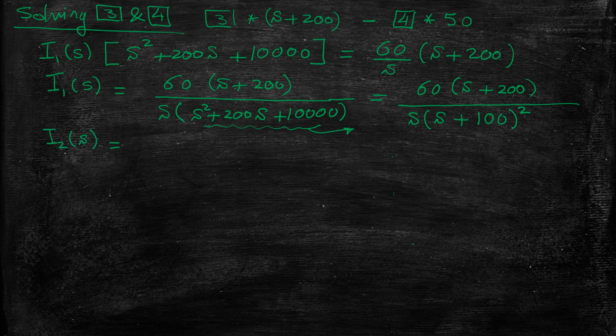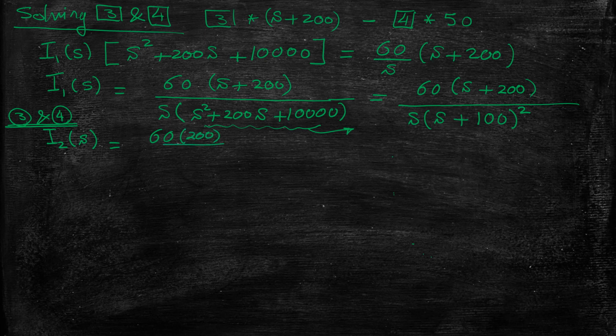So I can solve I2 with the same procedure, solving 3 and 4 as well, again. And we'll end up with I2, and you can check this. It will be 60 multiplied by this 200.